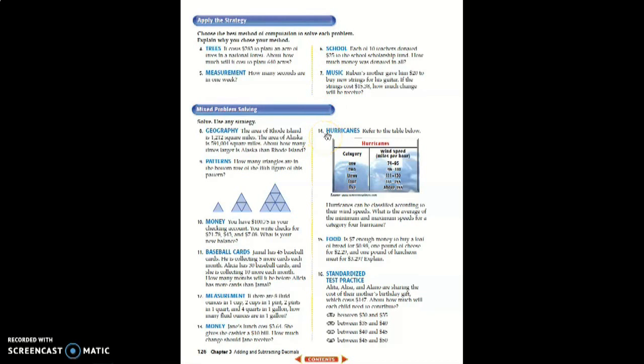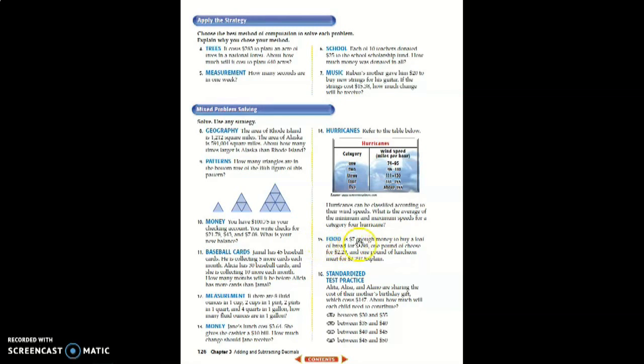14. Hurricanes. Refer to the table below. Hurricanes can be classified according to their wind speed. What is the average of the minimum and maximum speed for a Category 4 hurricane? 15. Food.